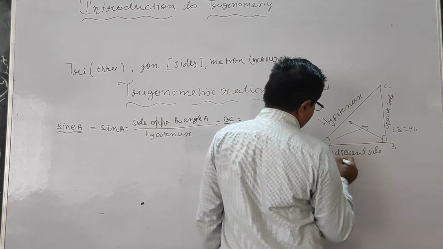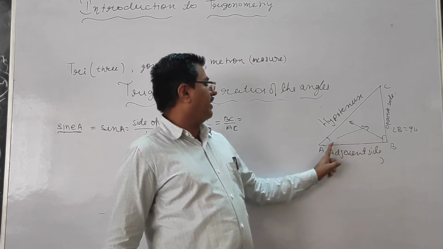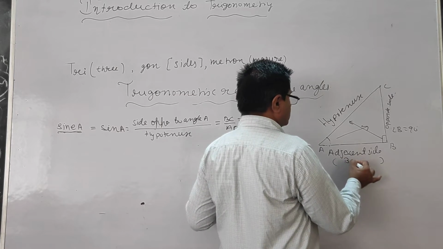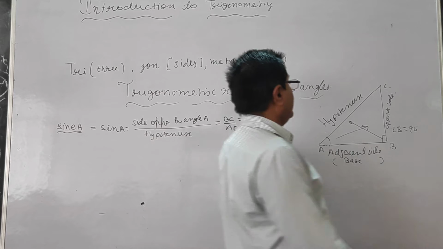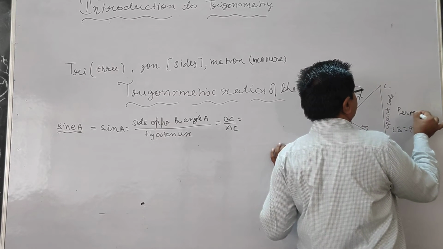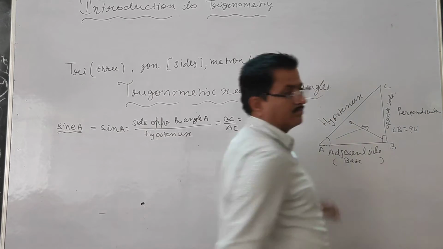The side which contains the 90-degree angle along with the considered angle is always called the base, or the adjacent side. And this is known as the perpendicular.